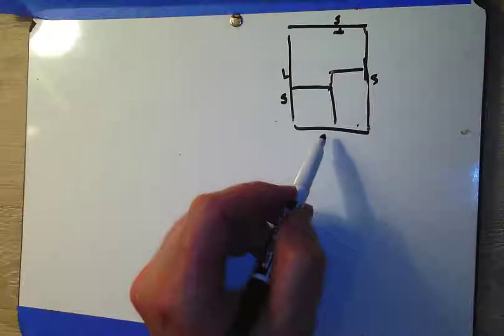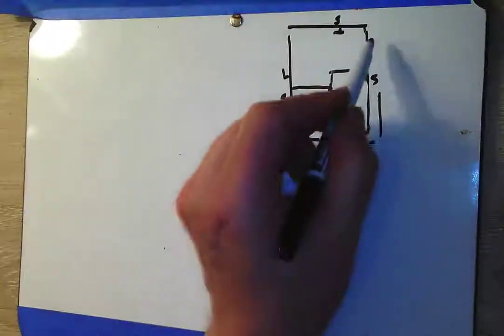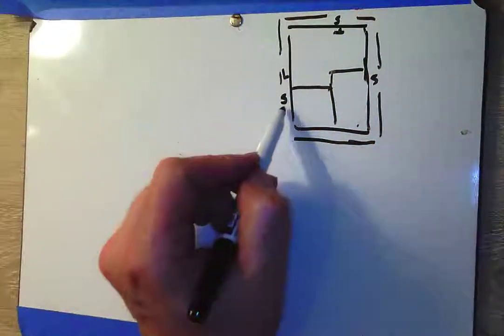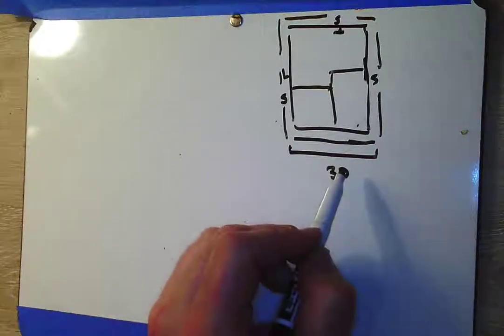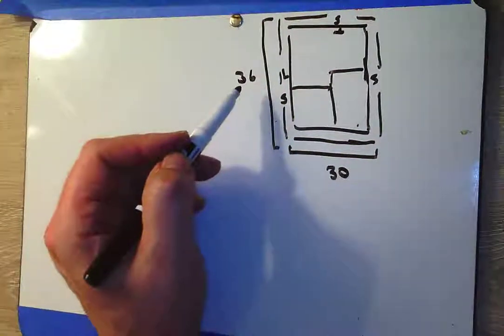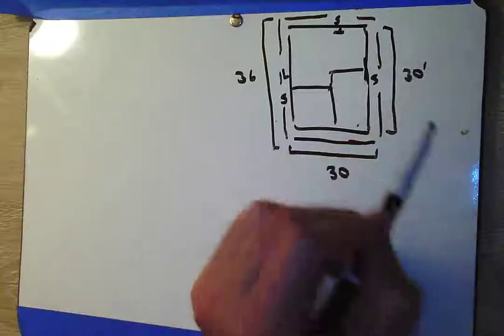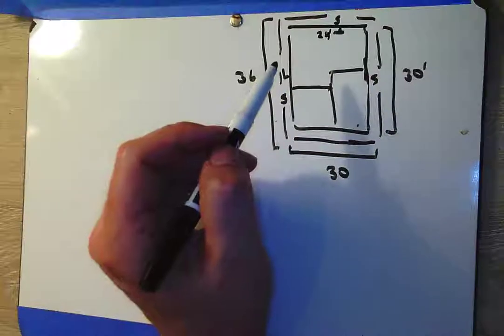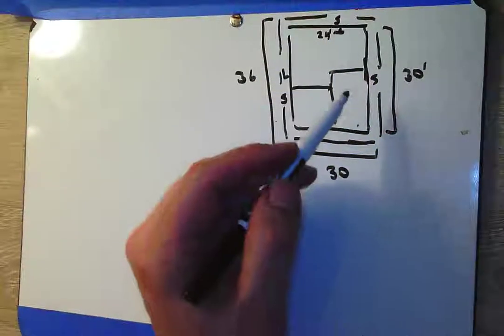This total length is, oh, and then there's the walkway around. This total is 30. This total is 36. Without the walkway, it's 30 feet and 24 feet. So the walkway is adding 3 feet all the way around.